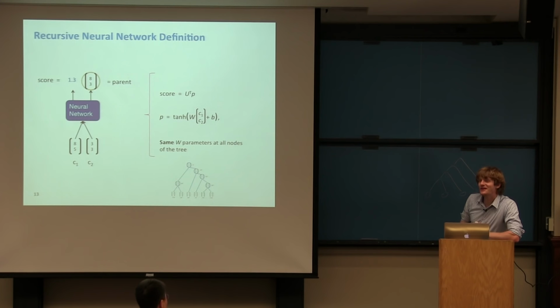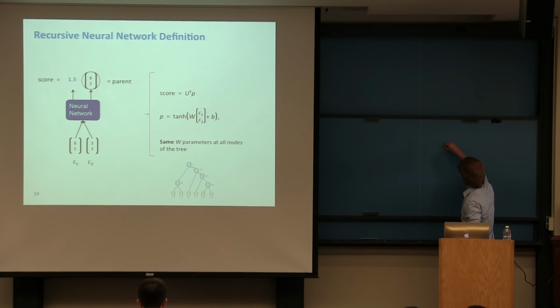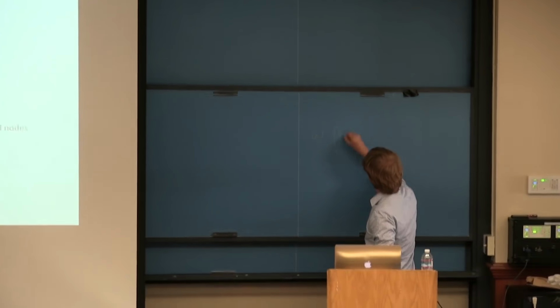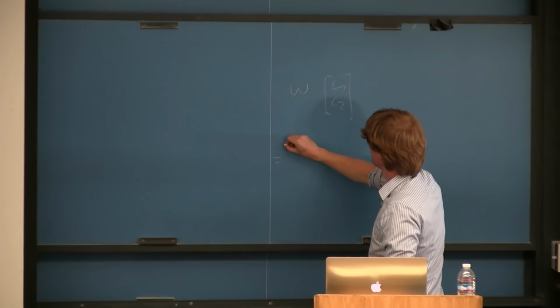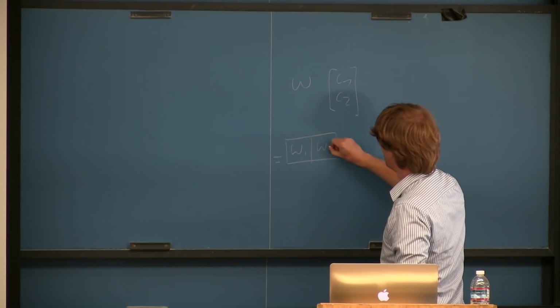Now what should the dimensionality of W be? Say louder. Yes? N by 2n. Exactly, n by 2n. And so to understand this a little bit, we can also write this in a different way. Instead of writing W times C1 and C2, we could rewrite this and say, well, W is a block, W1, W2.